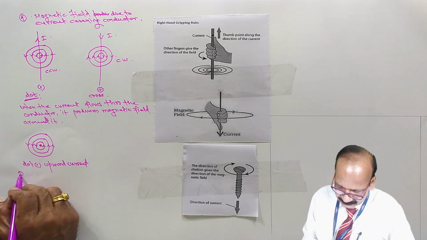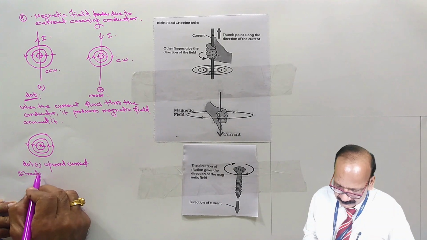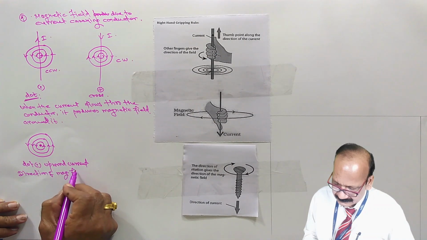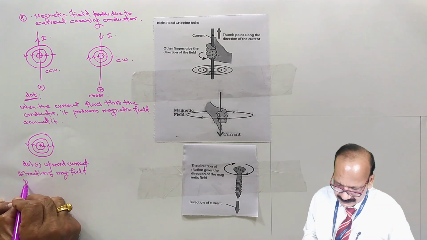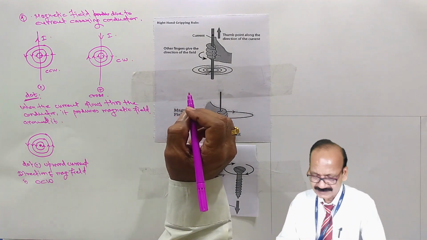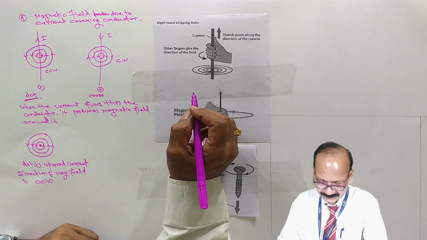The direction of magnetic field is CCW. So the direction of magnetic field is counterclockwise.